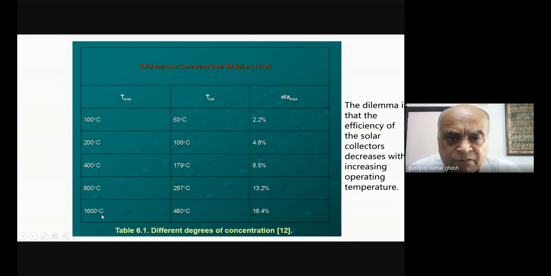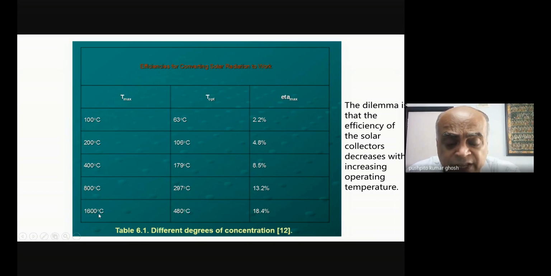So you can see, for example, if let's say I've got a solar work now, somebody can show you the operation of the solar concentrator, let's say reaching a temperature of 1600 degrees centigrade. But when you look at actually what is the operational temperature, if you take across the operating period, you might find that it is more like say 480 degrees centigrade. And I'm talking about a situation where you are able to reach a peak temperature of around 1600 degrees centigrade.